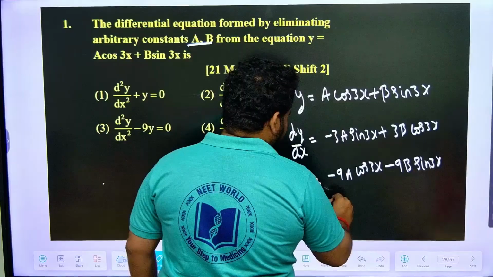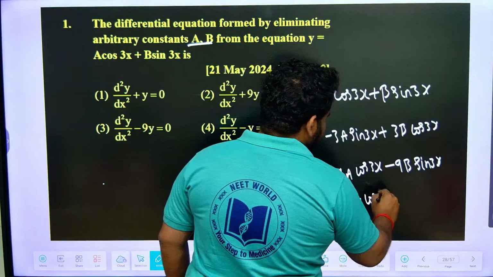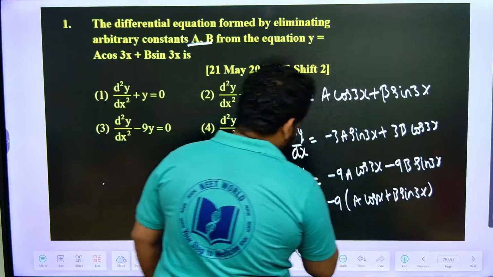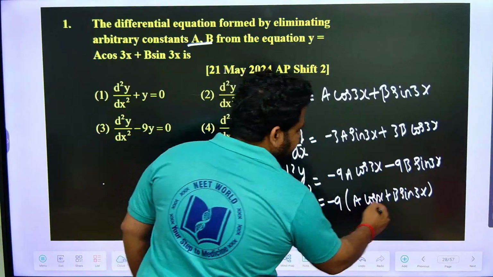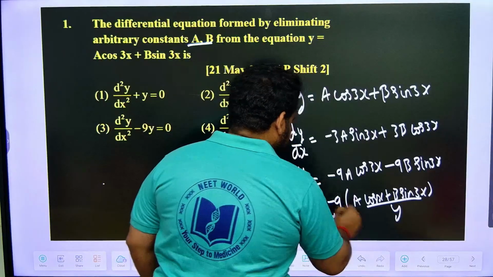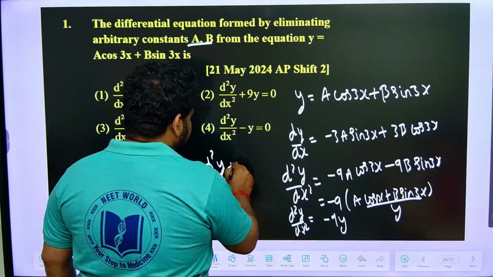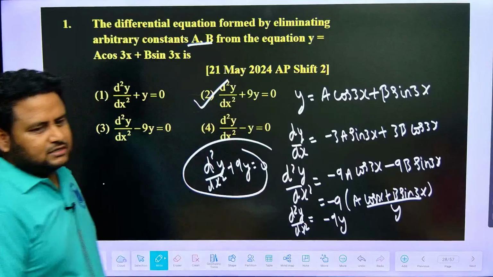I can take minus 9 common: minus 9 into a cos 3x plus b sin 3x. So d square y by dx square is equal to minus 9y, since the value given is y. If I bring it to this side, d square y by dx square plus 9y equals 0. So the answer is the second option. Clear? Okay, fine.